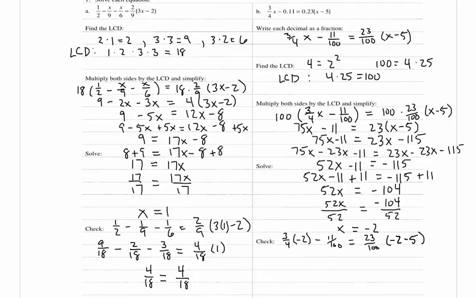And now 3/4 times negative 2 is negative 6/4. And I'm going to write that with the common denominator of 100.